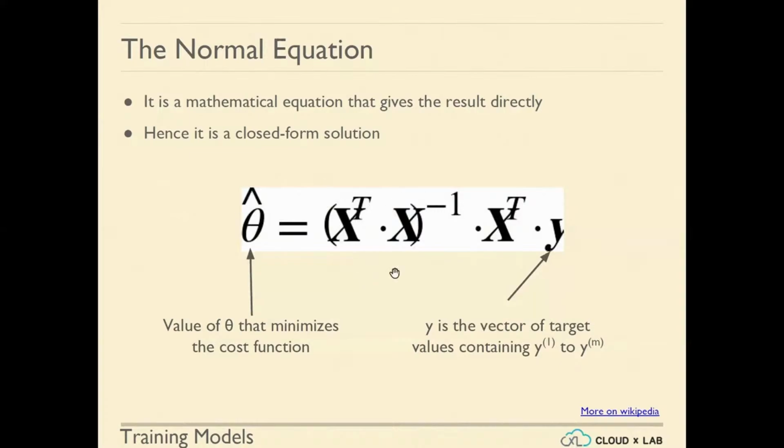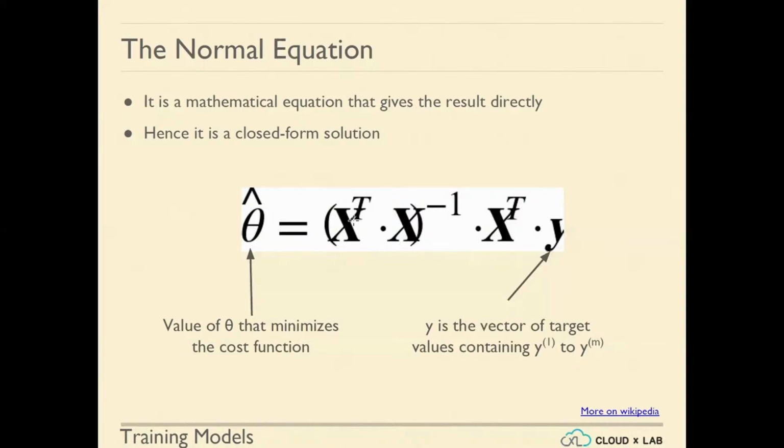Only we will have a problem in the inverse operation, matrix inversion, and the size of X transpose X is n plus 1 cross n plus 1, where n is the number of features. So X transpose X depends on the number of features and not on the number of data points.